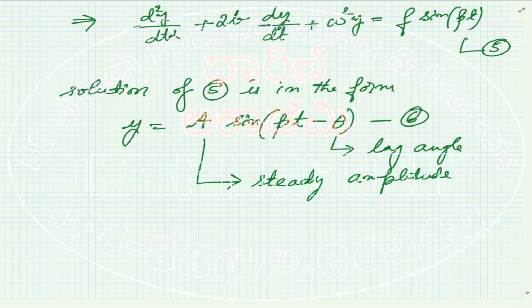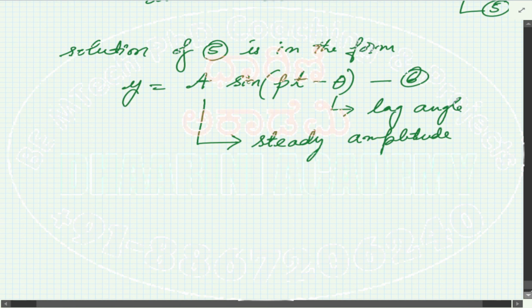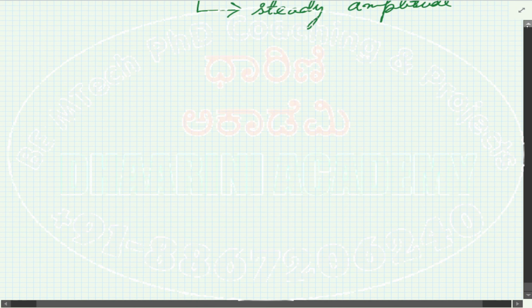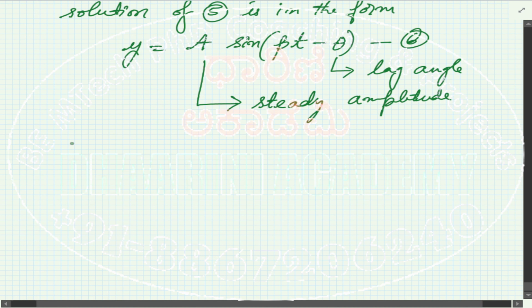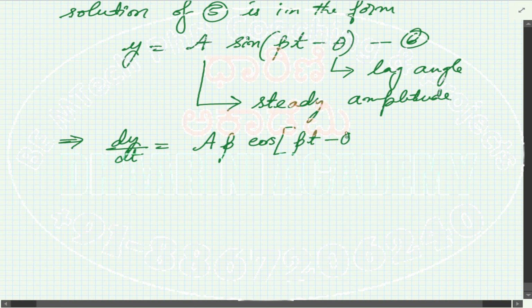So let's differentiate this equation first. Differentiating with respect to time, I first get dy by dt. You can see that a is a constant which remains there, sine of pt becomes cos of pt minus theta into p. So I'll write the p first: a p into cosine of pt minus theta.